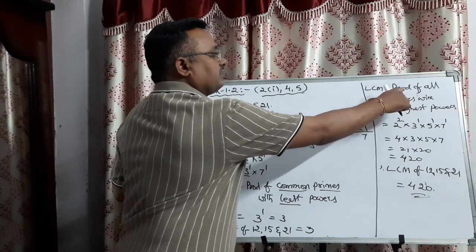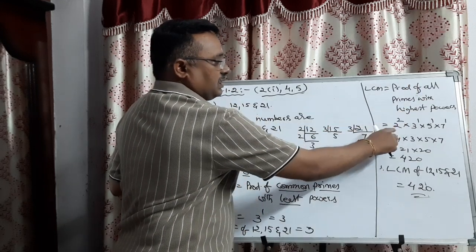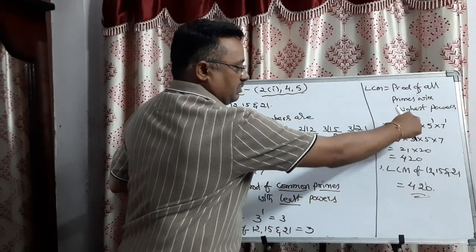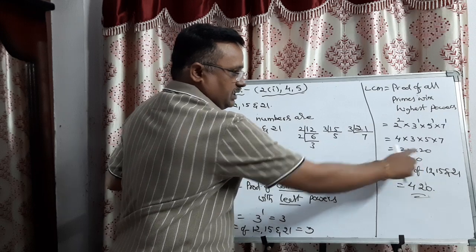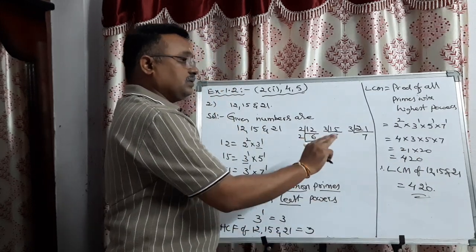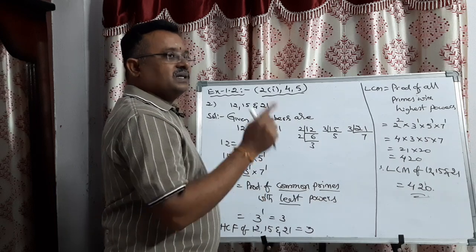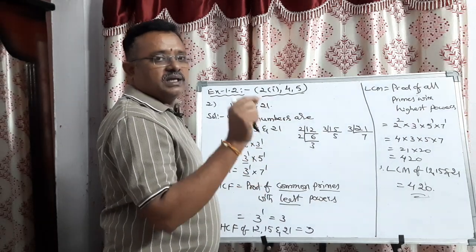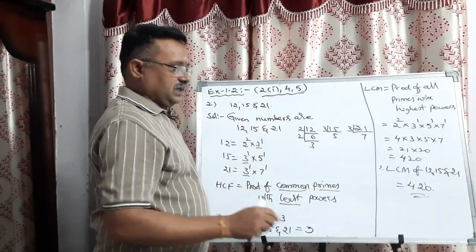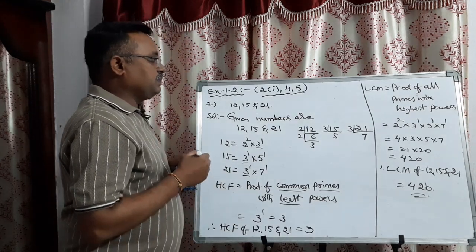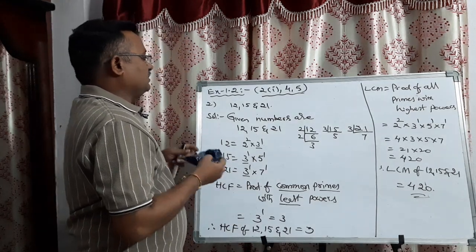And for LCM, we applied the rule and took all the primes with the highest powers. After the calculation, we got 420, right? So now the LCM is bigger than the given numbers. Sometimes it will become equal to the biggest number. Okay, right. This is the first simple important problem from exercise 1.2.